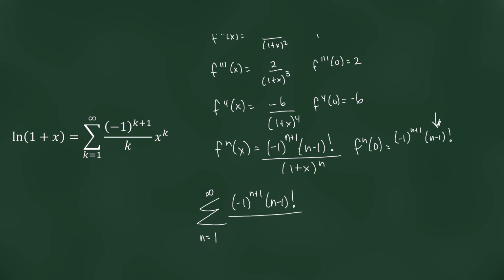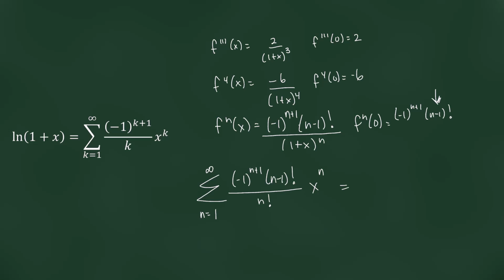That's for the derivative at 0. Then we're going to divide by n factorial because this is a Taylor or Maclaurin series, and then we're going to multiply by x minus a to the n, so we get x to the n here since a is equal to 0. And we can tidy that up, and we do in fact see that our series looks like the sum from n equals 1 to infinity of -1 to the n plus 1. N minus 1 factorial divided by n factorial gives us an n in the bottom, and we get an x to the n term.